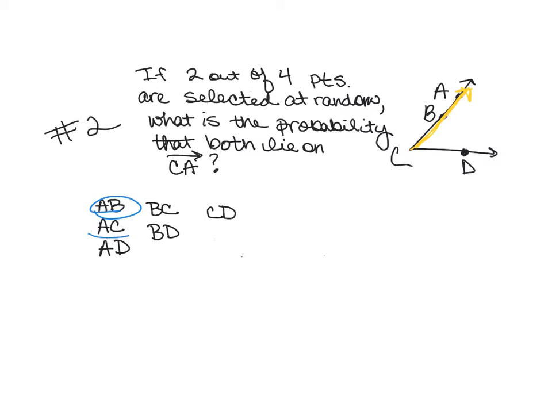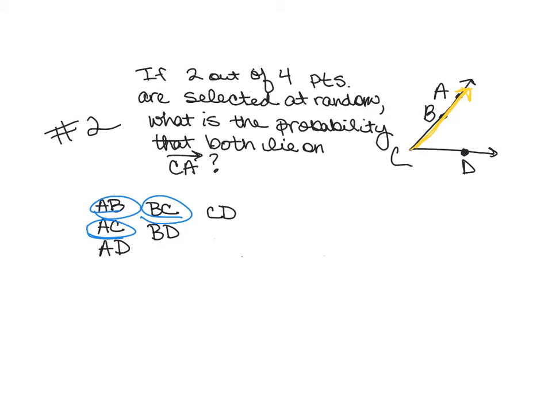And once again, that's a winner. Would points AD lie on the ray? And that is not a winner, so we're not going to circle it. BC, does BC lie on the ray? Yes, it does, so we'll circle it. And then does BD lie on the ray? No, it does not. Does CD lie on the ray?